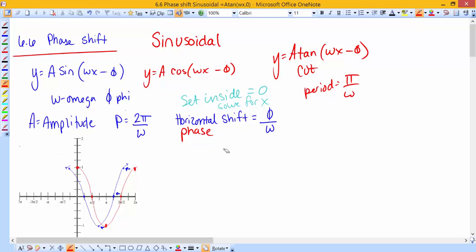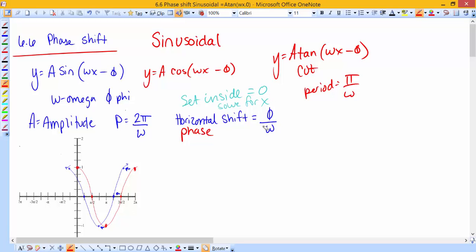Now for your sinusoidal shift, your phase shift. To find that, it is phi over omega. Well, phi is the value that is being added or subtracted from your x value. The easiest way to find your phase shift: take the inside of your parentheses, that whole term inside, all terms, and set it equal to 0 and solve for x.